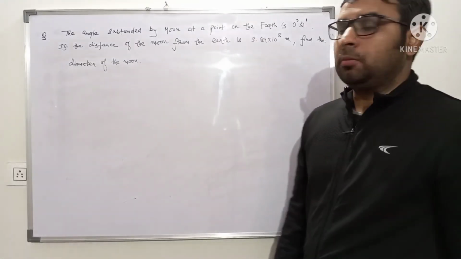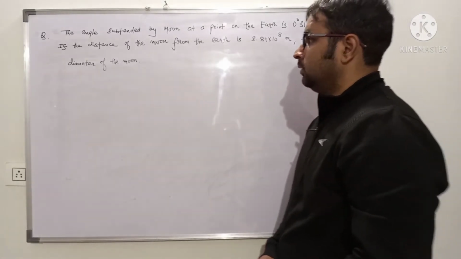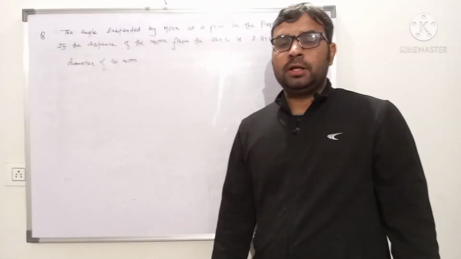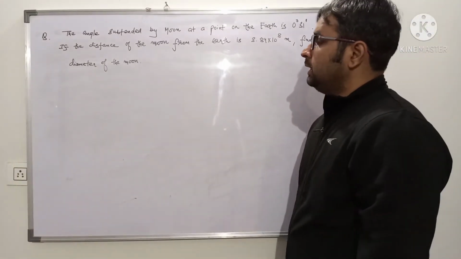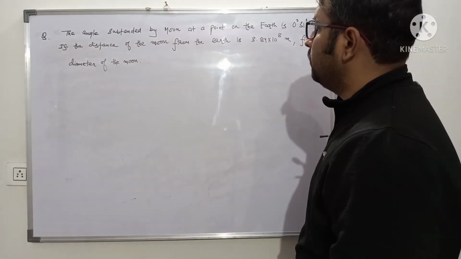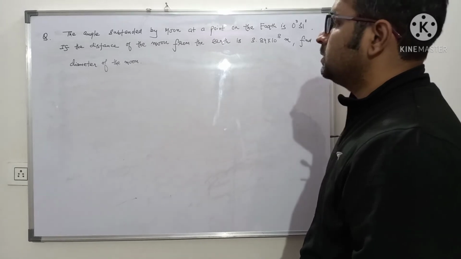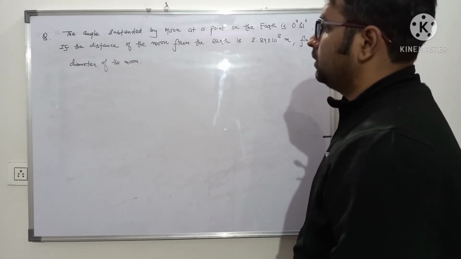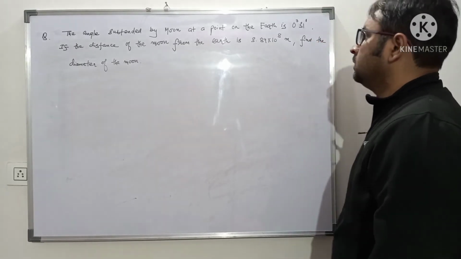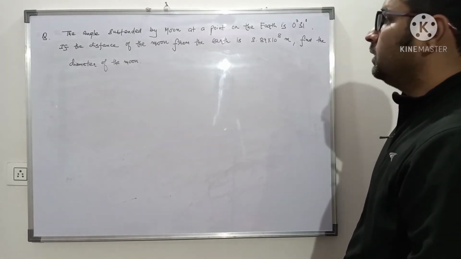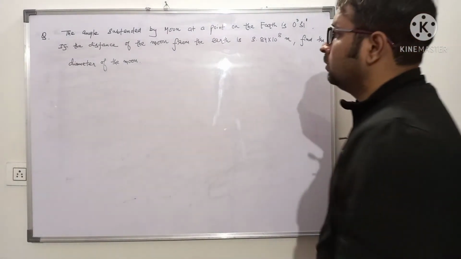Let's solve another problem based on the parallax method. The problem states that the angle subtended by the Moon at a point on the Earth is 0 degree 31 minute. If the distance of the Moon from the Earth is this much, find the diameter of the Moon.